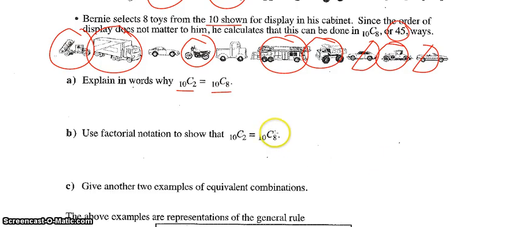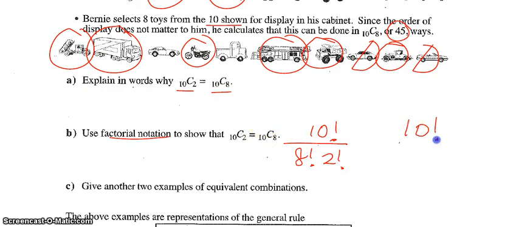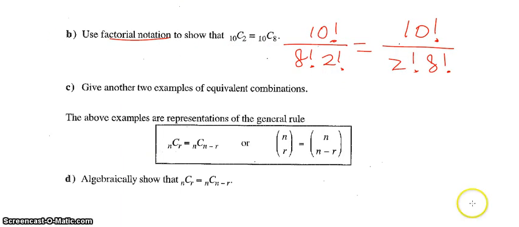They just want you to show why, because using the factorial notation, 10C2 is 10 factorial over 10 minus 2 factorial, over 2 factorial. And then 10C8, using the formula sheet, is n factorial over n minus r factorial, which is 2, over r factorial. Of course they are the same. Now you realize. So here is a general rule. nCr is the same as nC(n minus r).